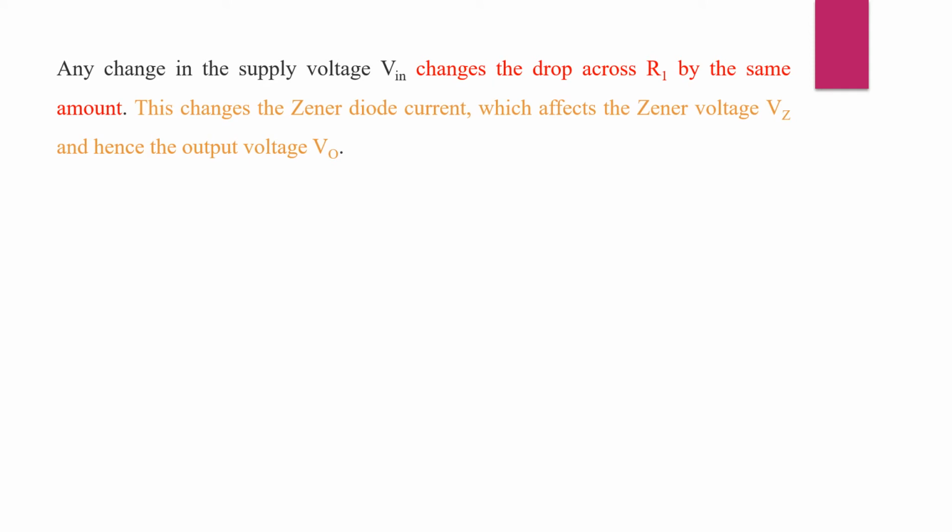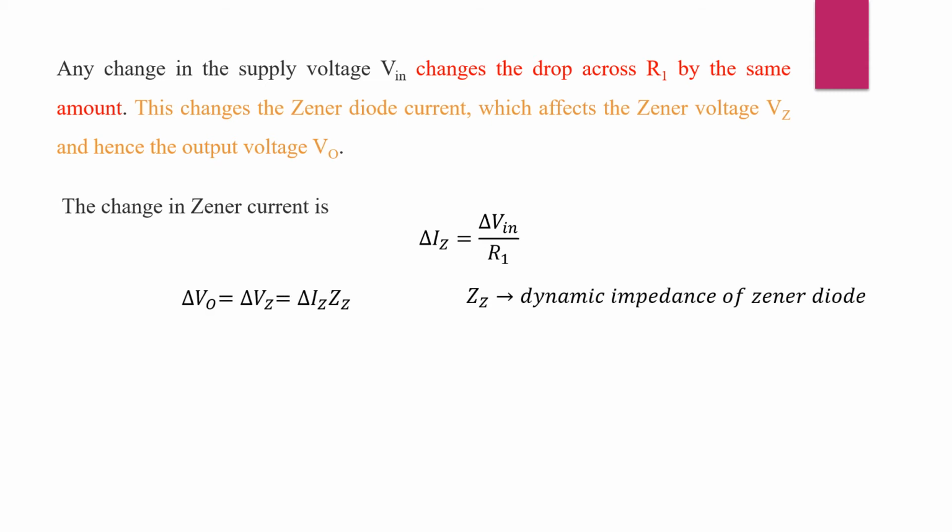Any change in the supply voltage Vin changes the drop across the resistance R1 by the same amount. This changes the Zener diode current, which affects the Zener voltage Vz, and hence the output voltage V0. So any change in the input also changes the output. The change in Zener current is given by delta Iz equal to delta Vin divided by R1, where delta is a small change in the input voltage.